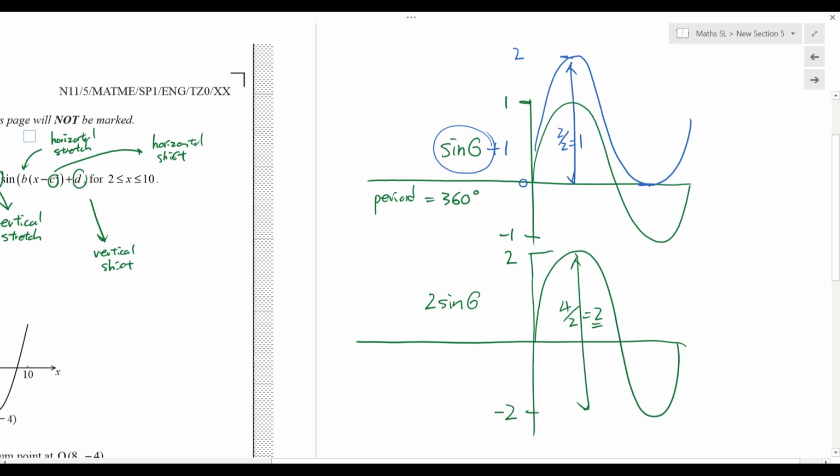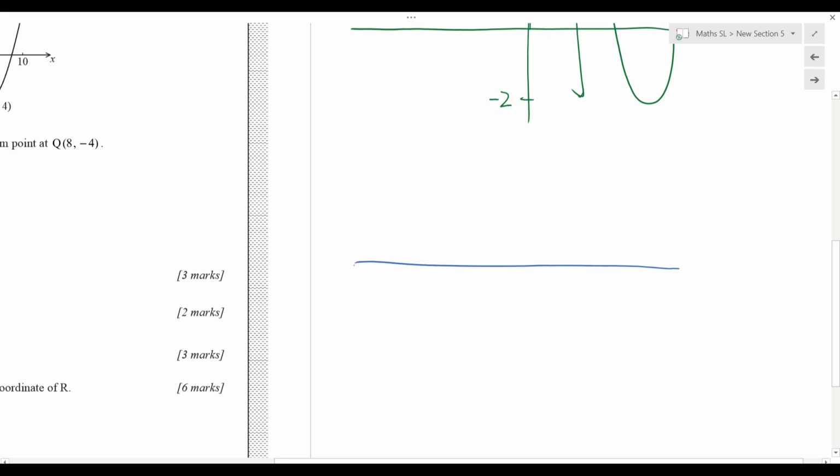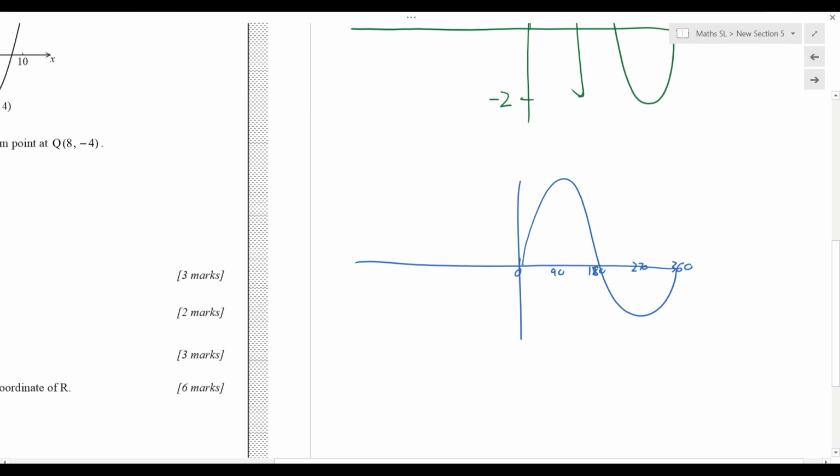Another basic concept I need to bring to your attention. In a normal sine graph, we have 0, 90, 180, 270, 360. That makes one period. But what if I have a graph like this?